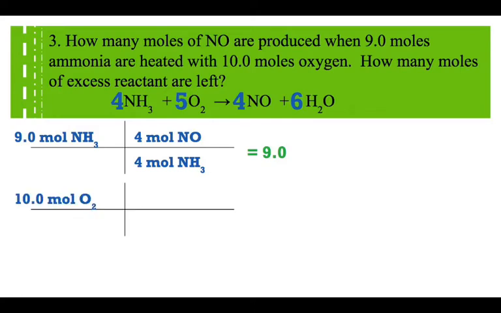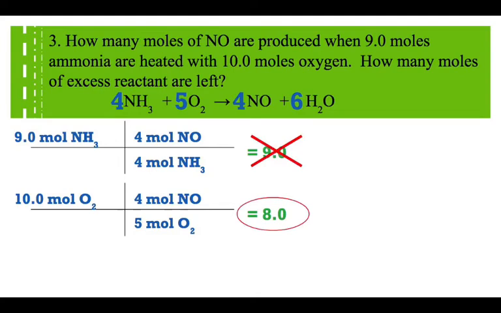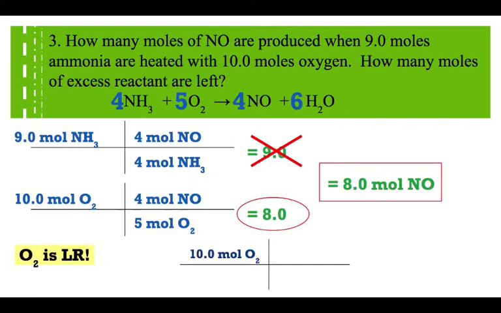We have 10 moles of oxygen, which seems like, okay, more oxygen than ammonia, but because of this 5-to-4 ratio, we can only make 8 moles of NO with that, which means that even though it technically was the larger amount, oxygen was our limiting reactant here.